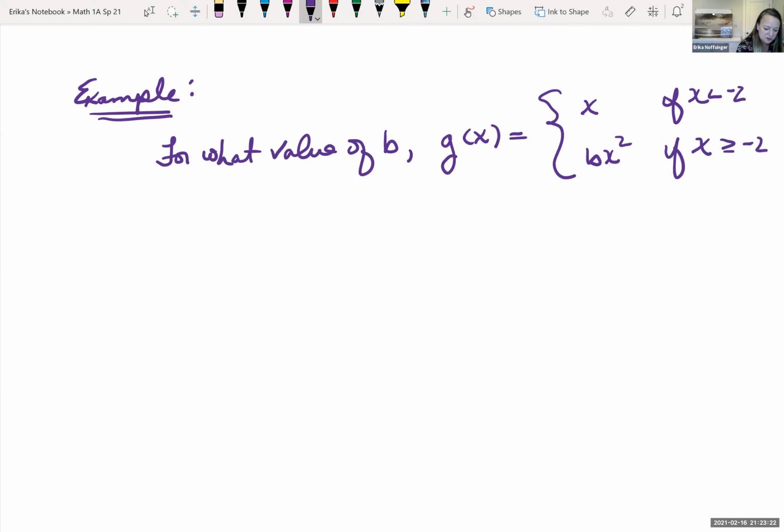So for what values b is this function g of x continuous everywhere for x.